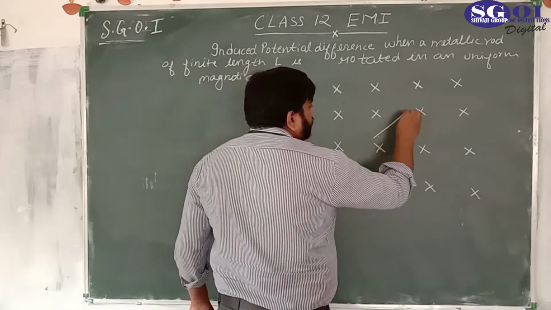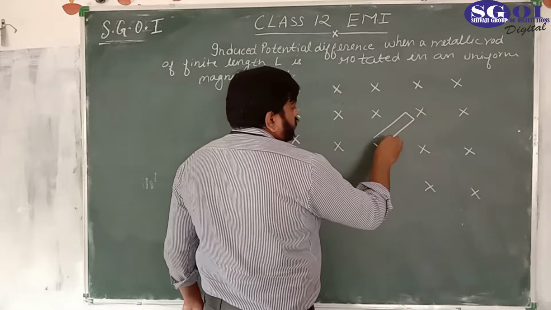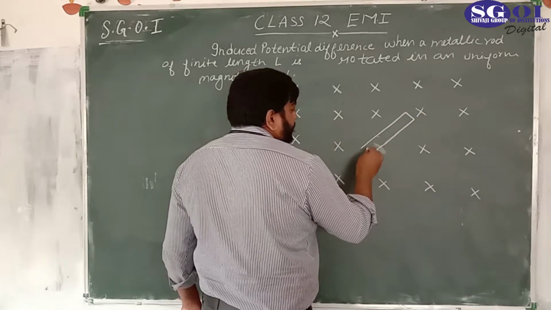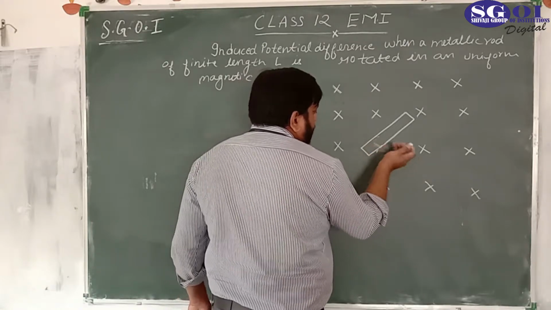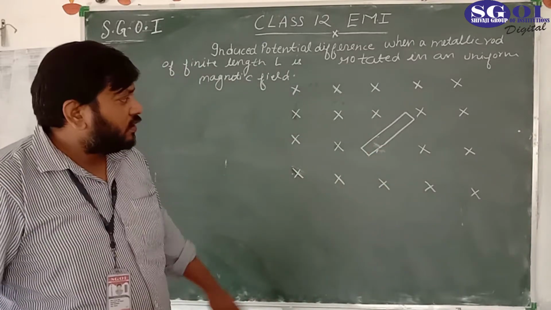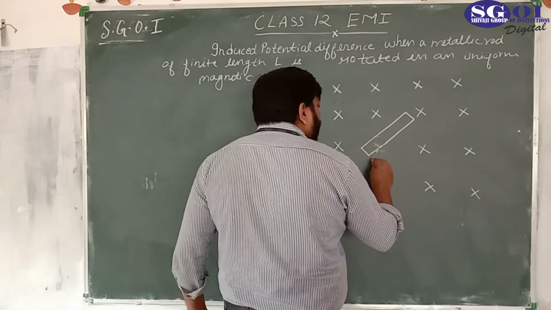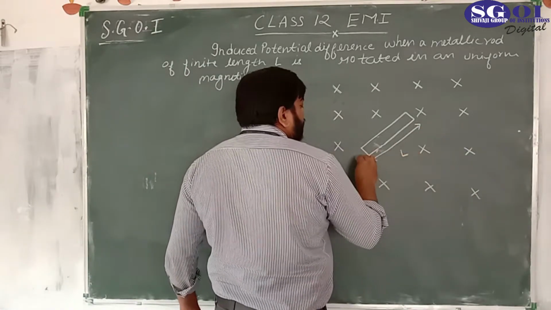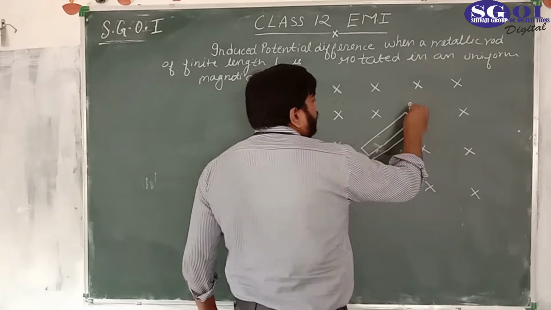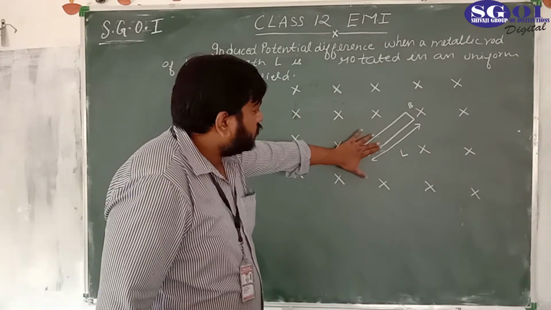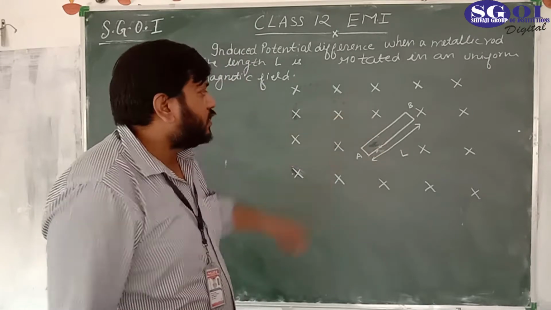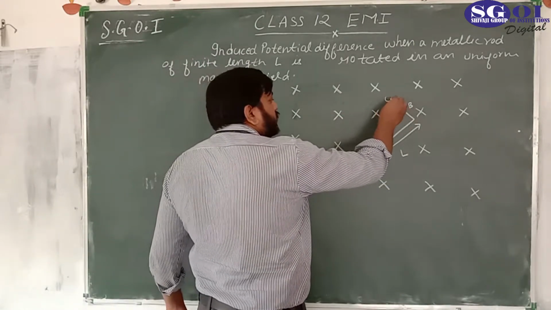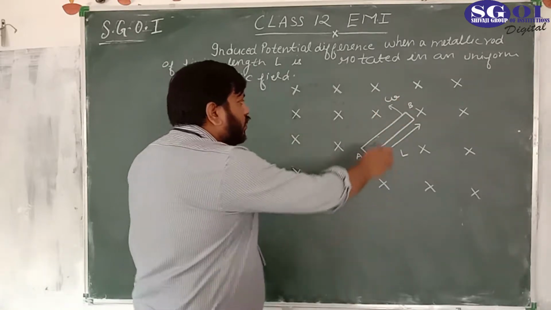Let's say this is a metallic rod of length L. This is the end A, this is the end B, and this rod is rotating, let's say, clockwise with angular velocity omega.